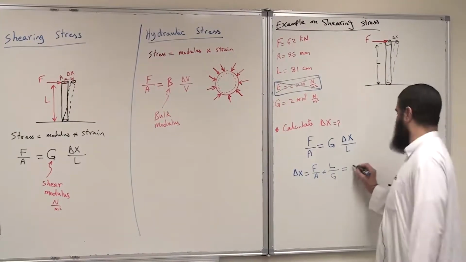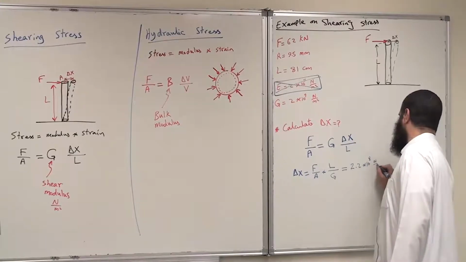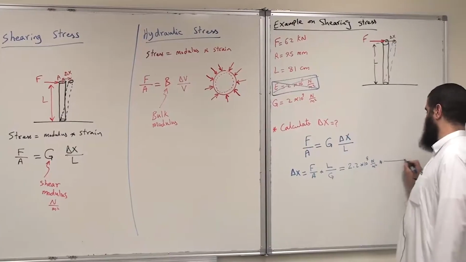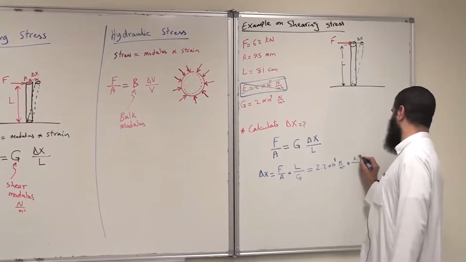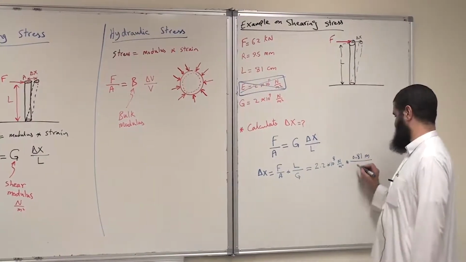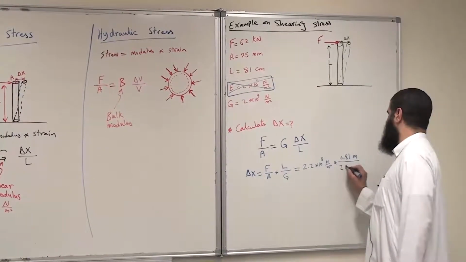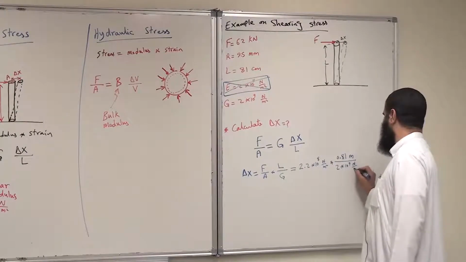This was 2.2 times 10 to the power 8, the unit is Newton per meter square, multiplied by L, the original length, 0.81 meter, divided by the G, which is 2 times 10 to the power 9 Newton per meter square.